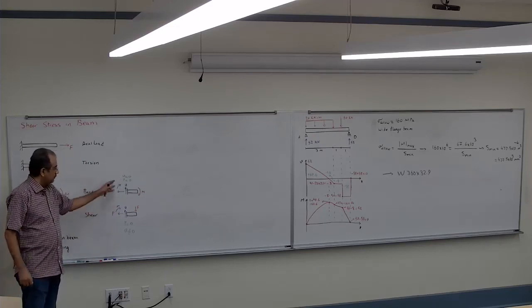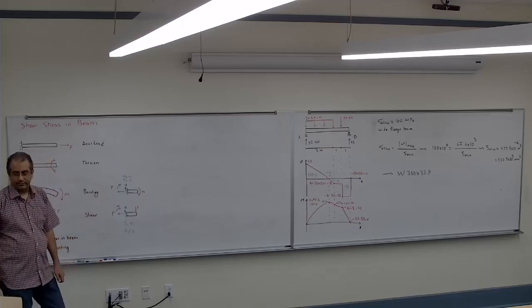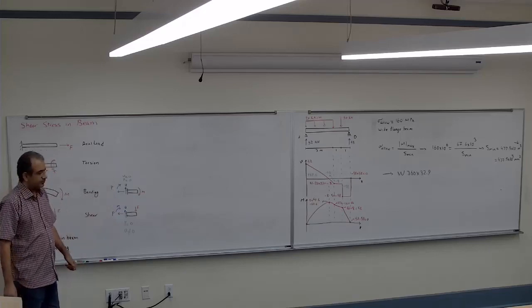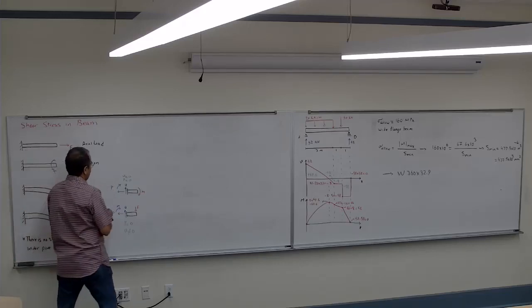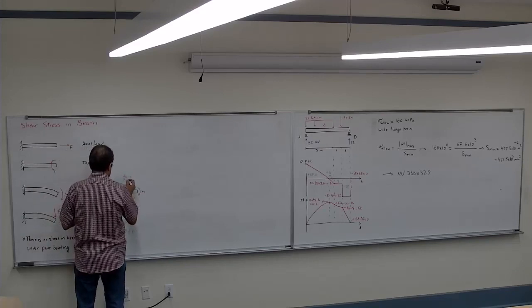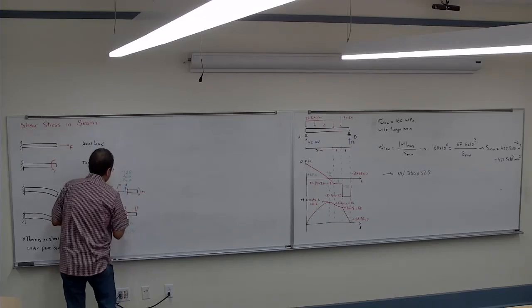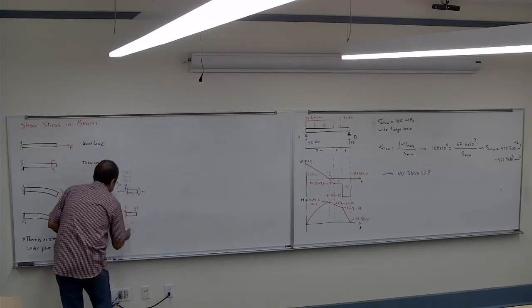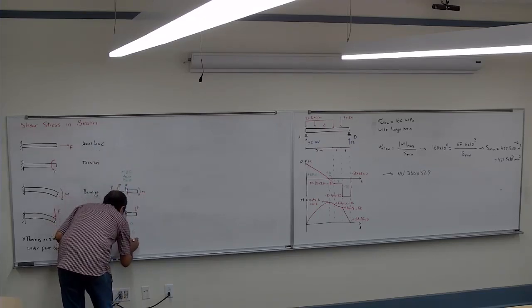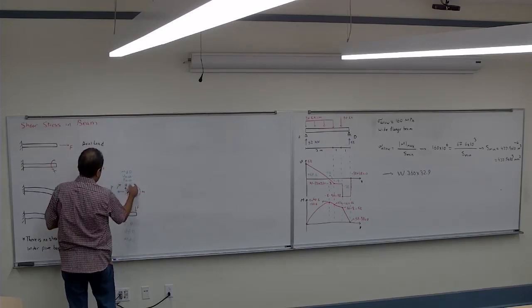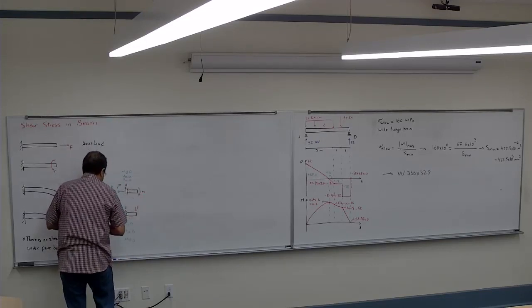There would be a moment in both of them. So here M is not 0, and here M is not 0 as well. Here you don't have a shear, here you do have a shear.